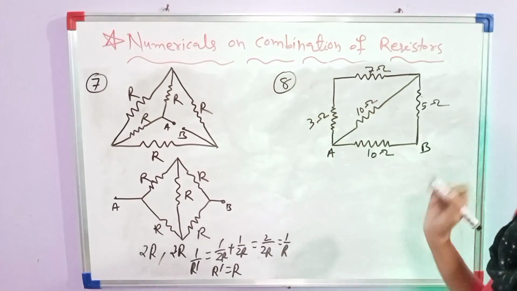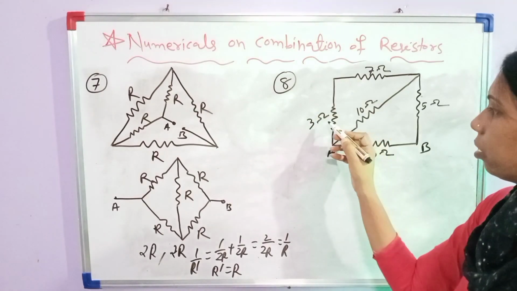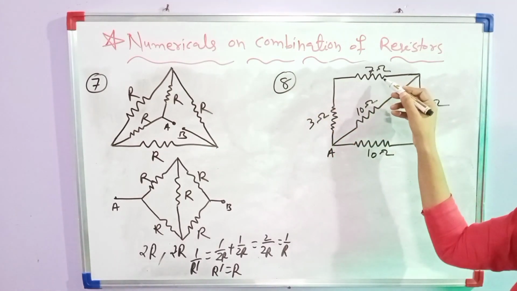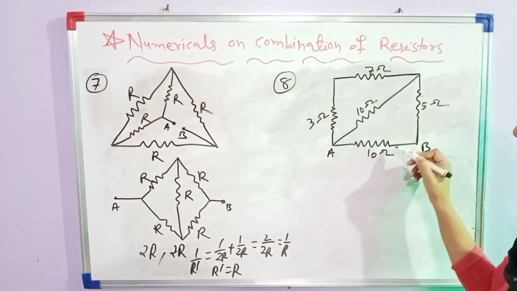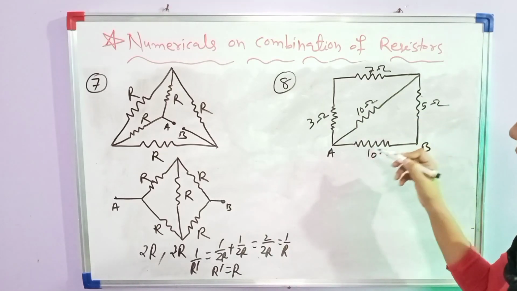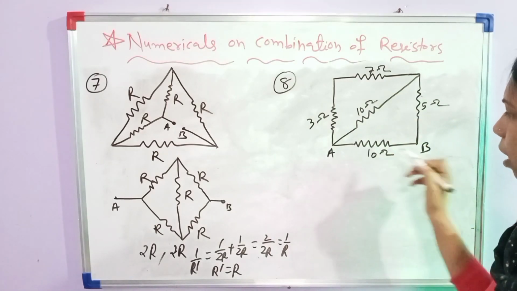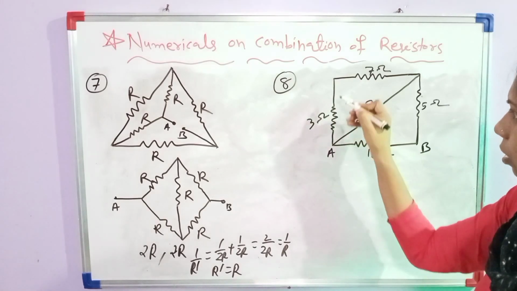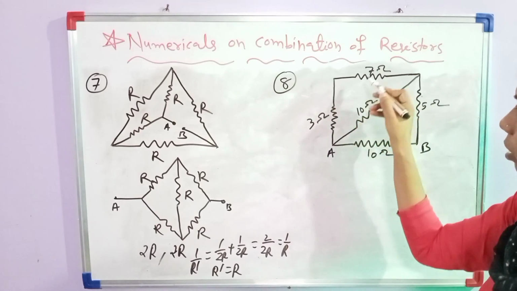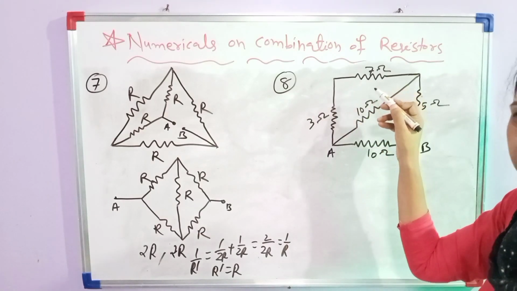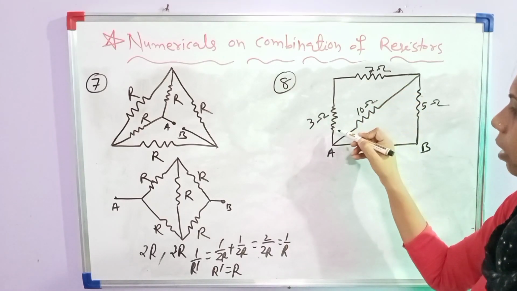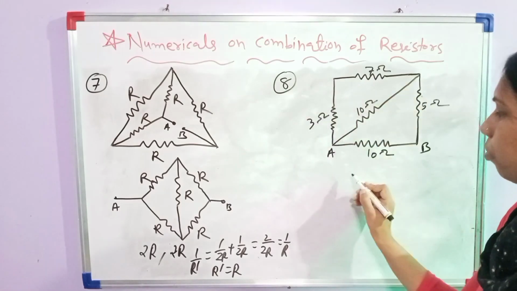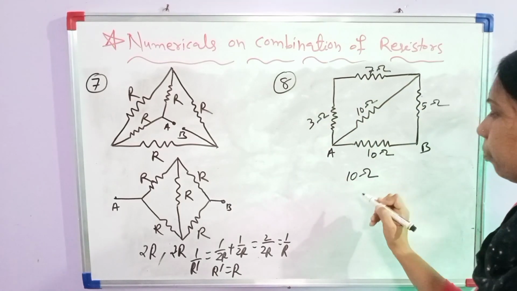Next, question number 8. Here 3 ohm, 7 ohm, 10 ohm, 10 ohm and 5 ohm. Find the equivalent resistance between A and B. So first we will take in this direction. 3 ohm and 7 ohm are in series. So the equivalent resistance of 3 ohm and 7 ohm is 10 ohm.